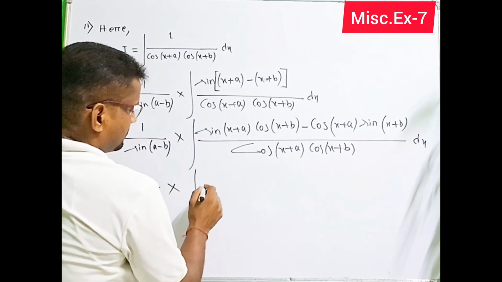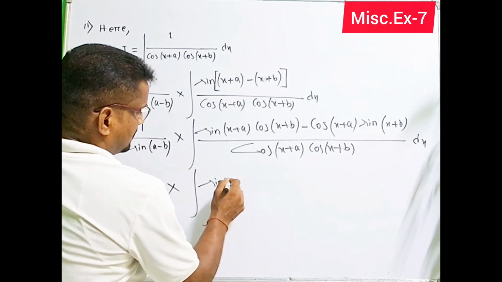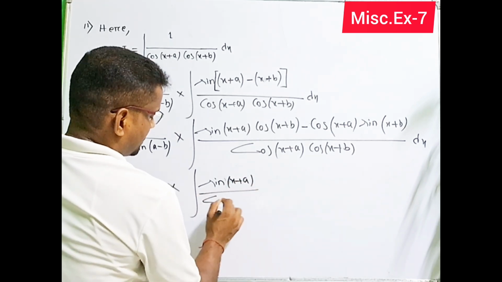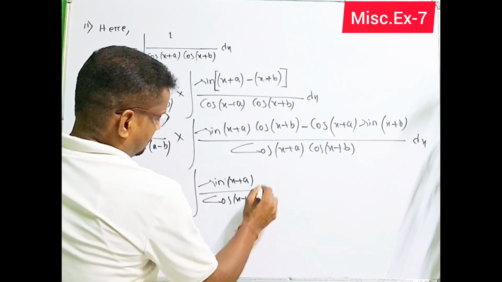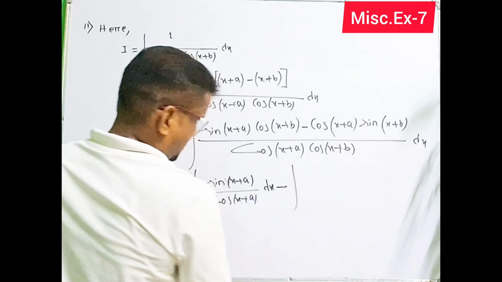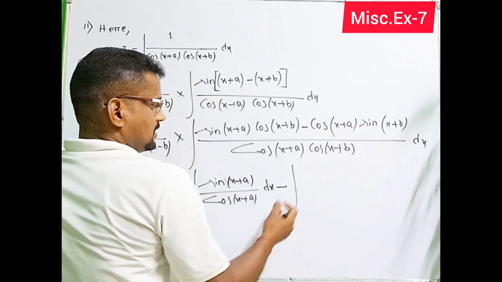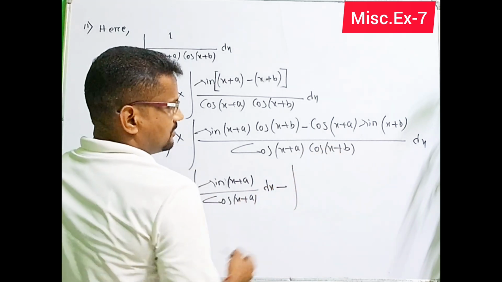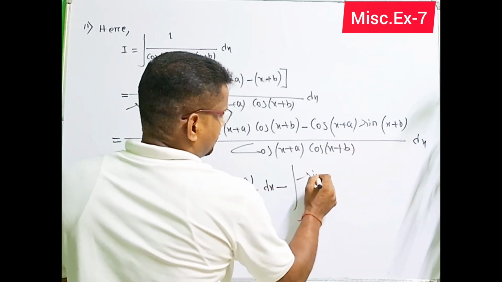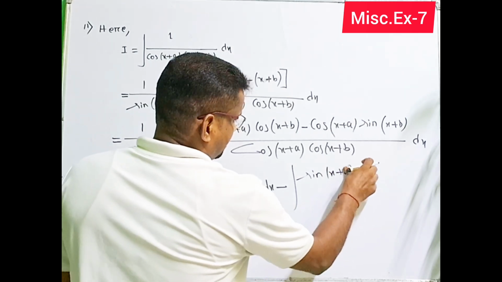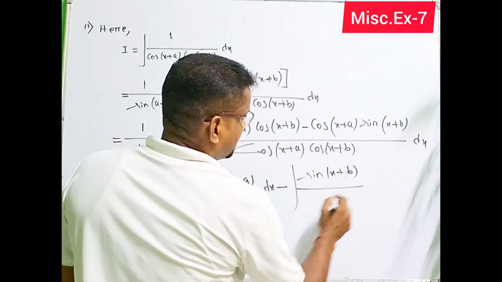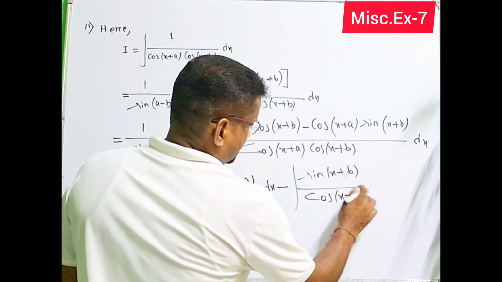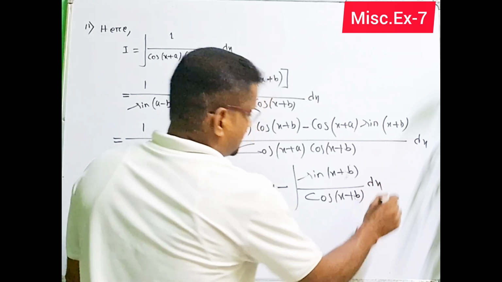Sine of x plus a by cos of x plus a dx, minus integration, and when you divide this, again cos of x plus a cancels out, sine of x plus b divided by cos of x plus b, dx.